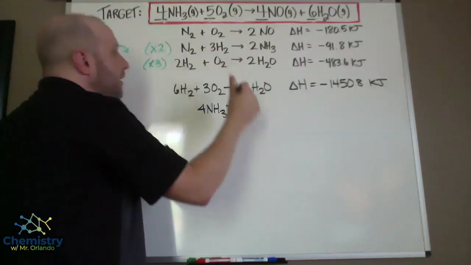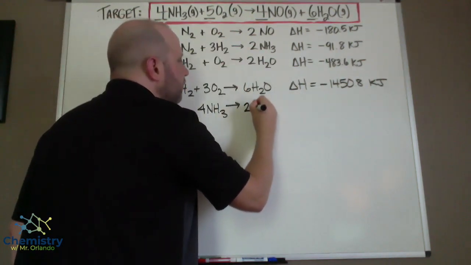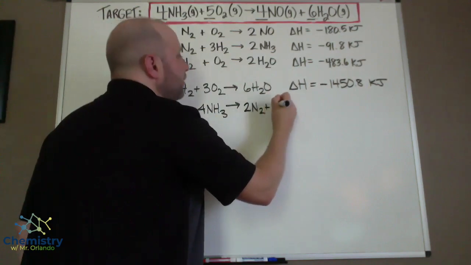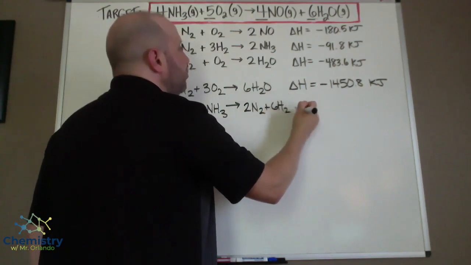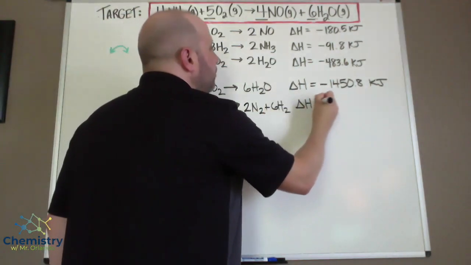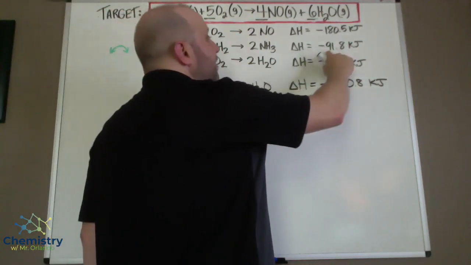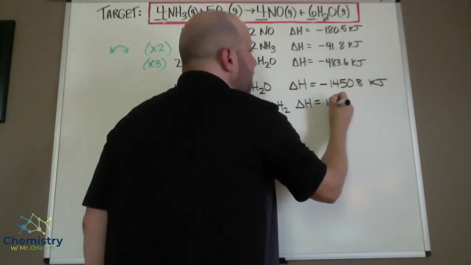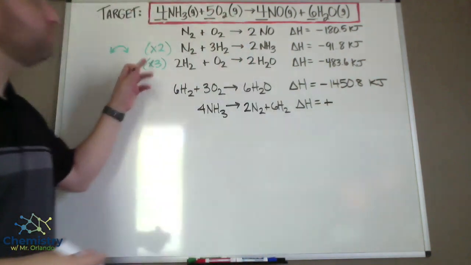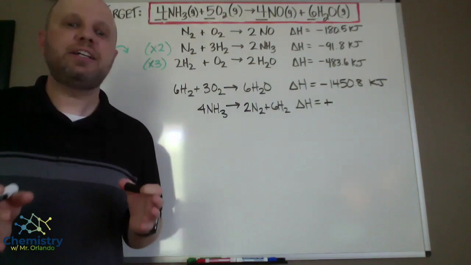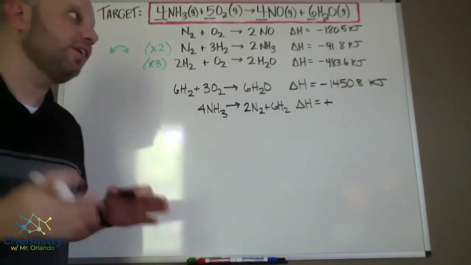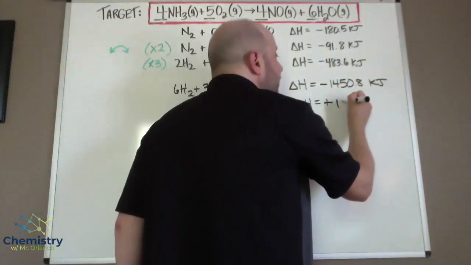So I have 2 times N2, so that's 2N2 plus 6H2. And now for the delta H, because I reversed the reaction, the negative 91.8 becomes a positive. And because I multiplied it by 2, it's no longer 91.8, it's positive 183.6.